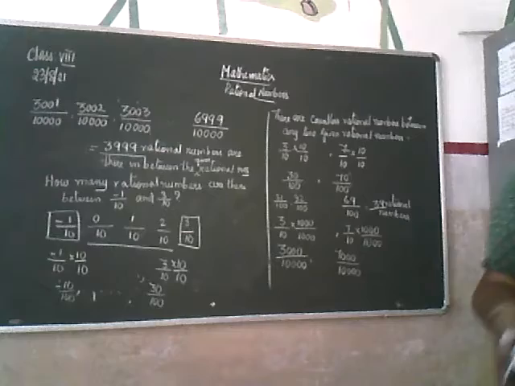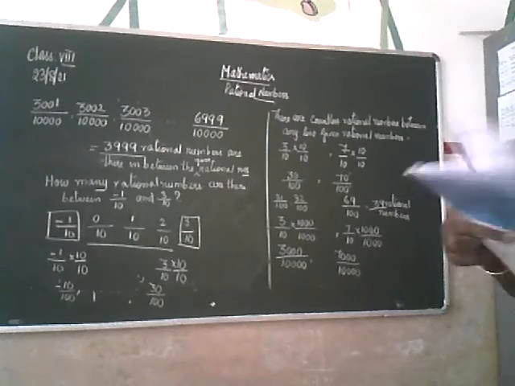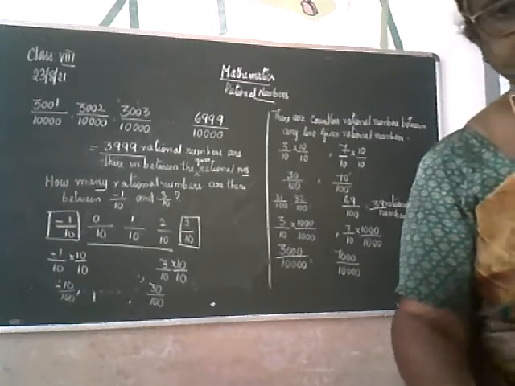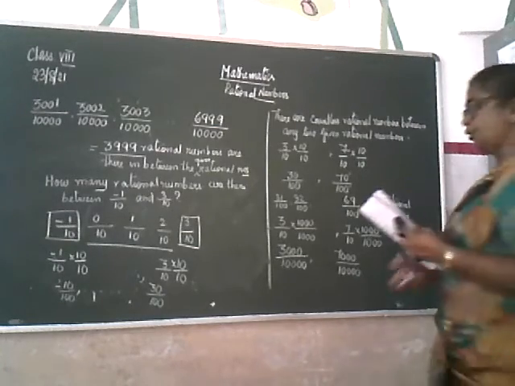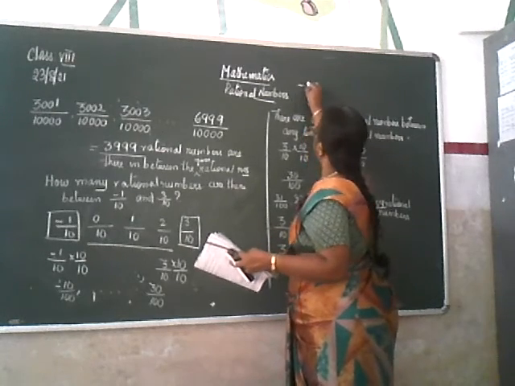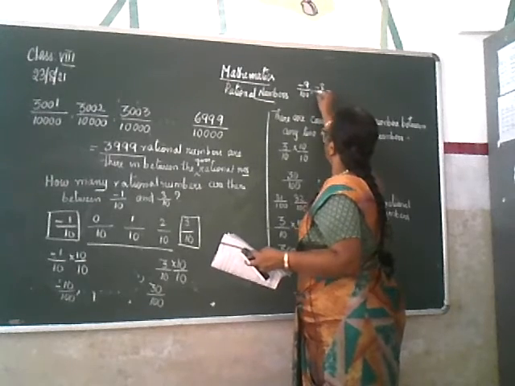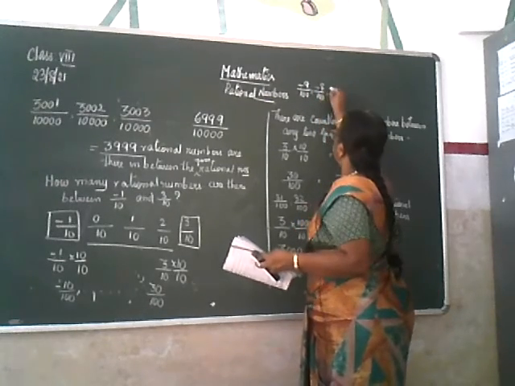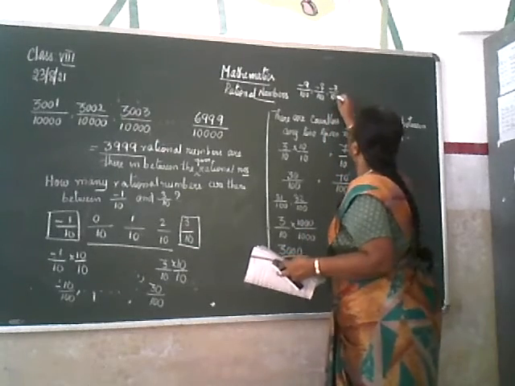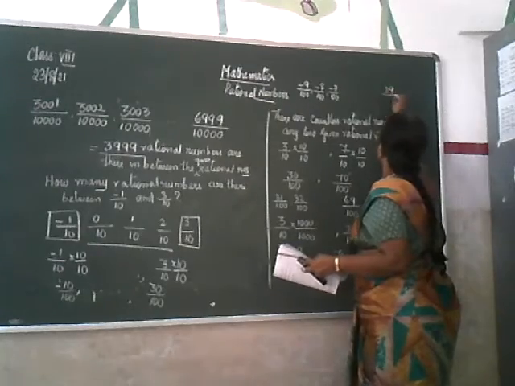So by seeing all this, I can say there are countless rational numbers between any two rational numbers. So if I want to write in between the rational numbers, I can also write minus 9 by 100, minus 8 by 100, minus 7 by 100, isn't it? It goes on up to 29 by 100.